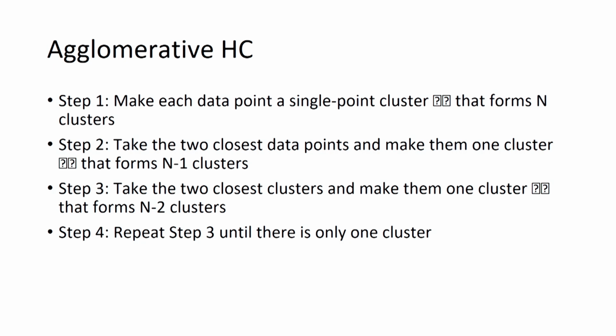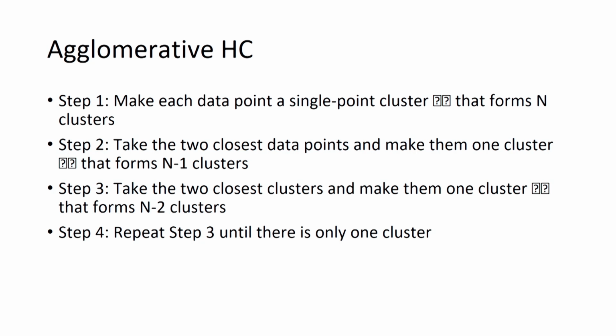So, these are the steps for agglomerative hierarchical clustering. In this case, first of all, each data point is treated as a single cluster. If there are n data points in the data set, in the first step we will assume that there are n clusters and each cluster corresponds to one data point.